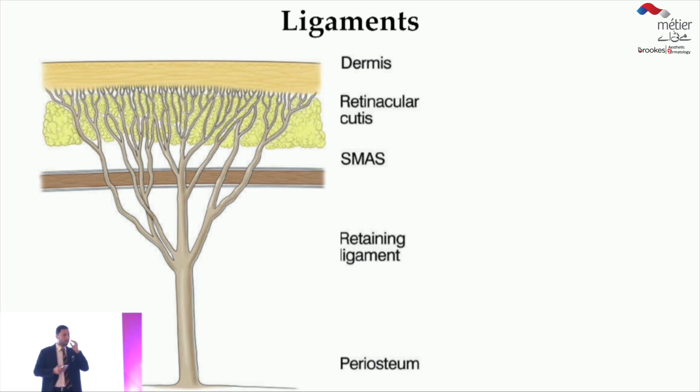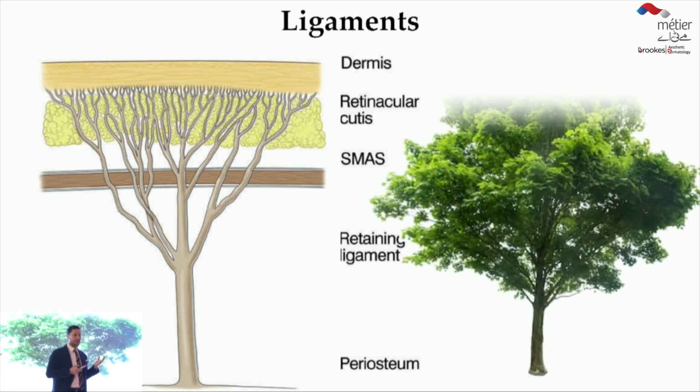It starts from the periosteum. This is for true ligaments. And it goes up to the retaining ligaments of the face, and it pierces the muscle mass and is part of it. So it's part of the muscular structure of the face. And then it forms the retinacular cutis, which is part of the dermis. So that's the end of a tree.